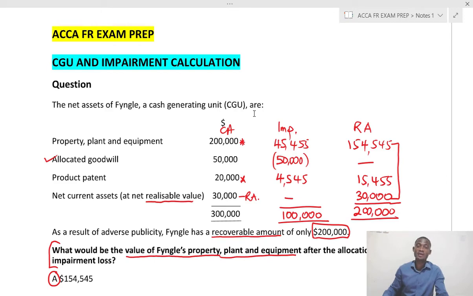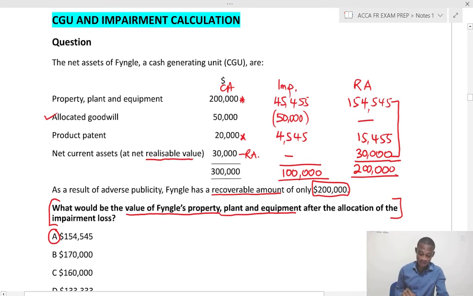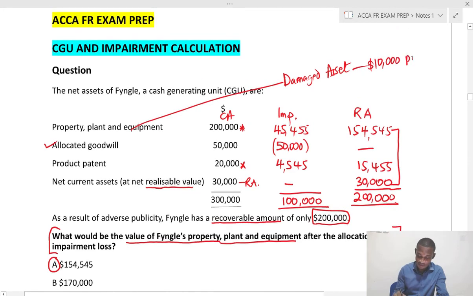Always remember, the allocation of the impairment loss will be against goodwill and any intangible asset if there is no obvious impaired asset. Let me elaborate further on that. Assuming that we had an impairment loss of 100, however, there was a damaged asset of 10,000, and this asset is in PP.